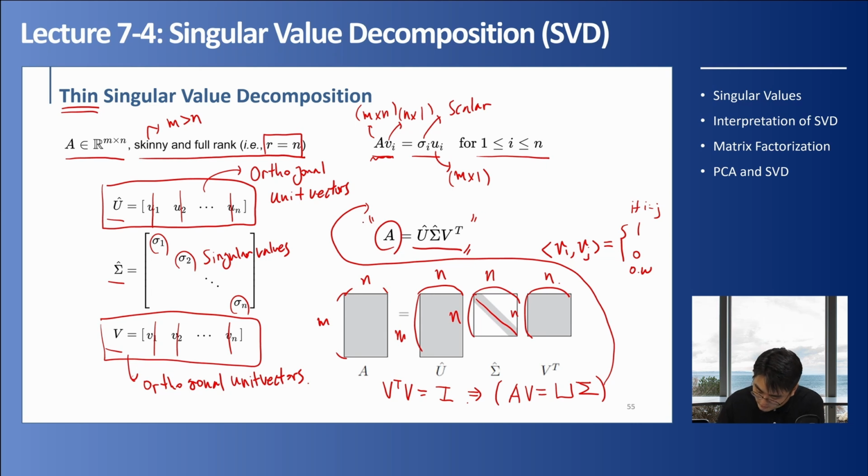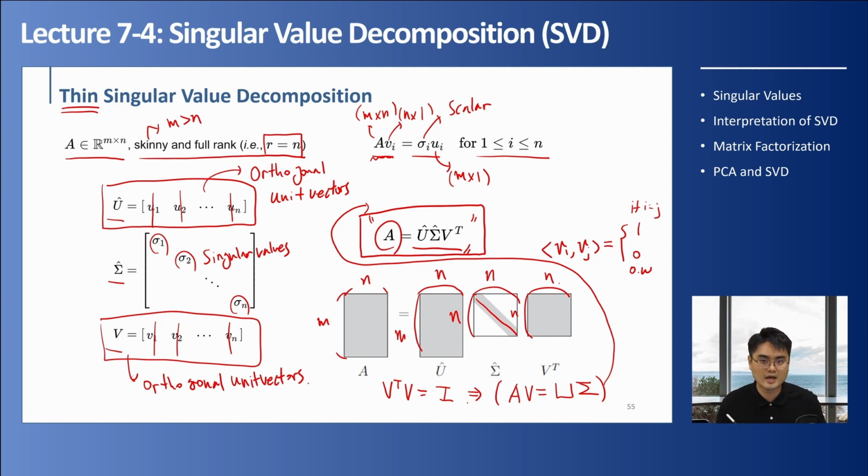So therefore, we can decompose our A matrix with the size of M by N using some matrix filled with unit vectors of U, some matrix transpose filled with unit vectors of V, and some diagonal matrix that is filled with singular values. We're going to talk about the details of how we can get these unit vectors U and V and the singular values a little bit more later.